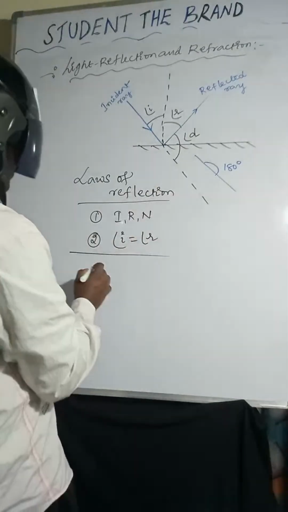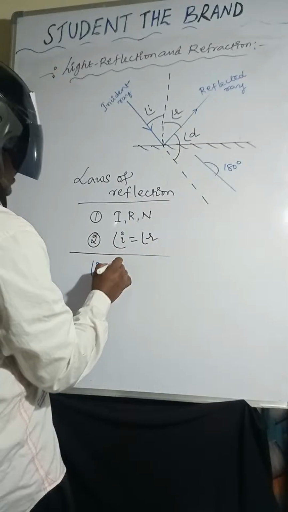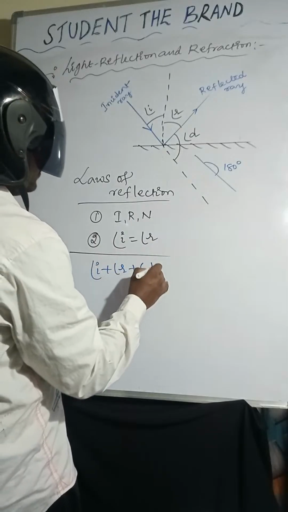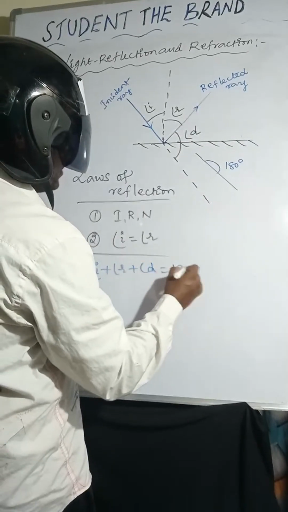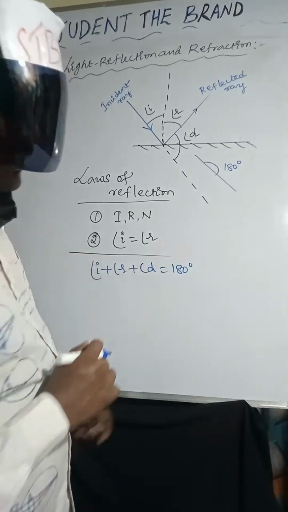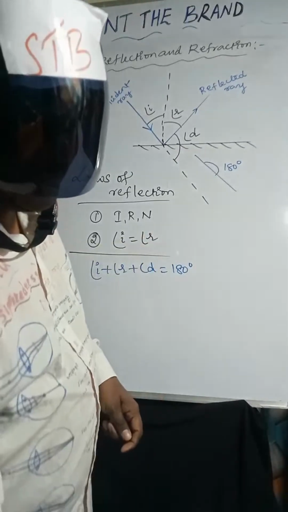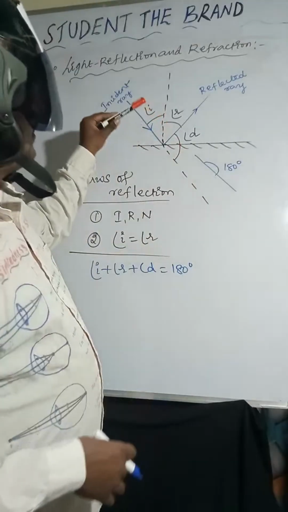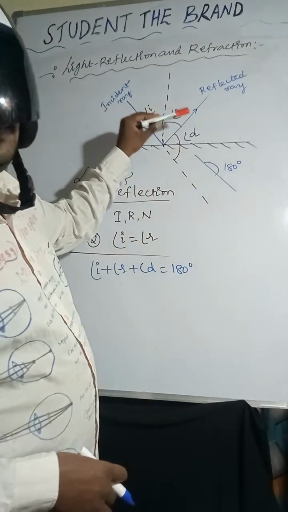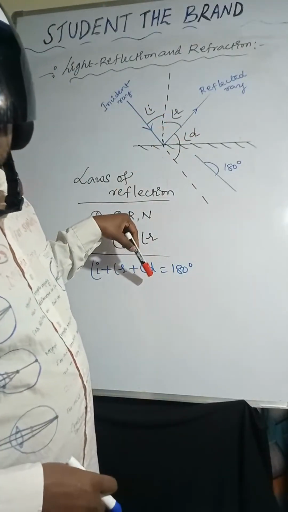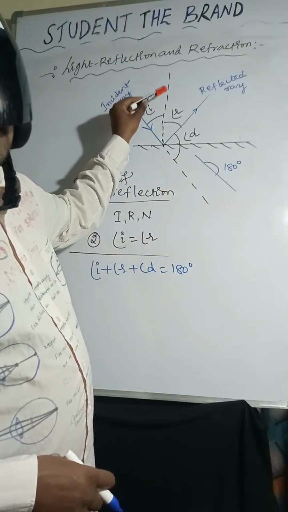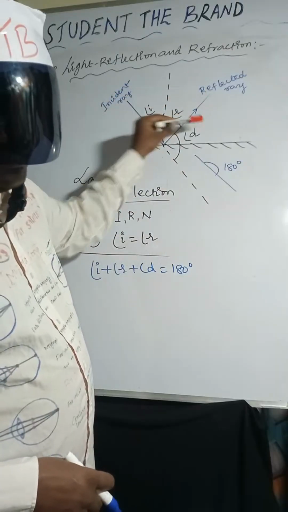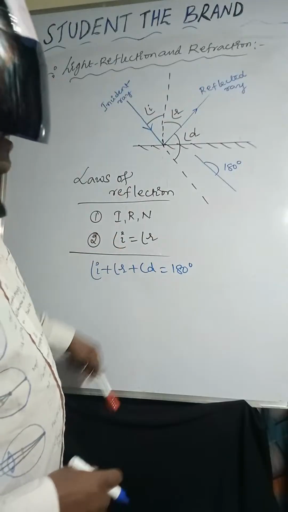So angle of incidence plus angle of reflection plus angle of deviation equals 180 degrees.